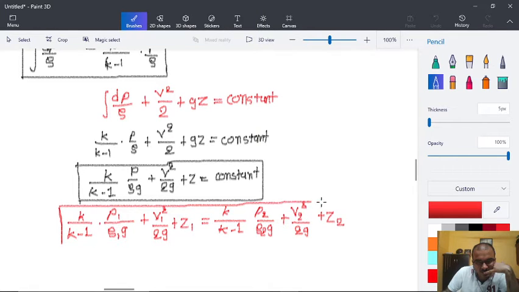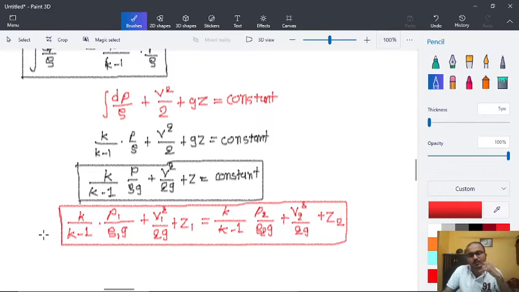So that is the equation at 2 different points. So that is the end of this theory.